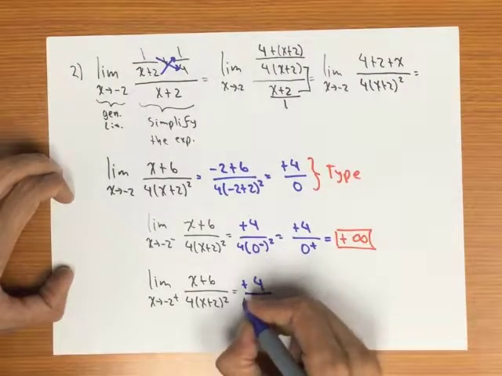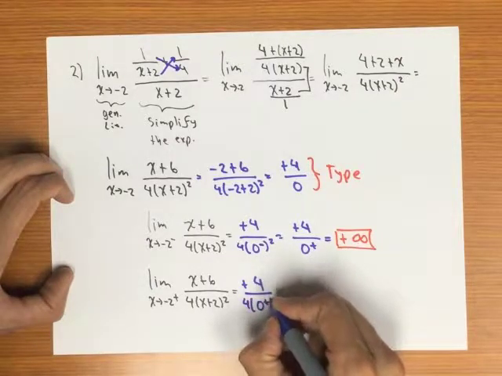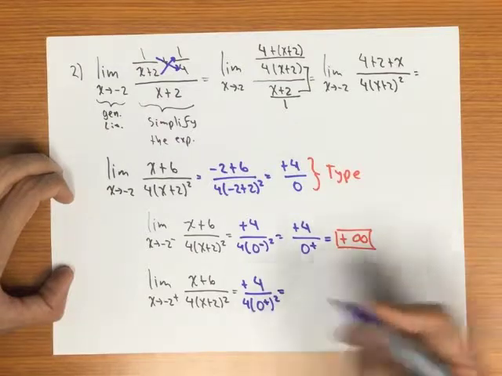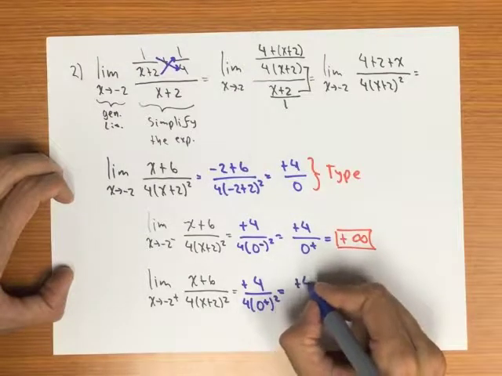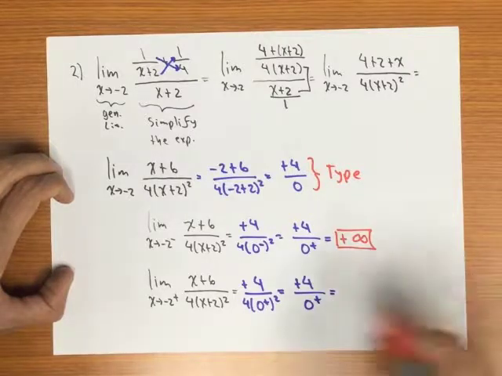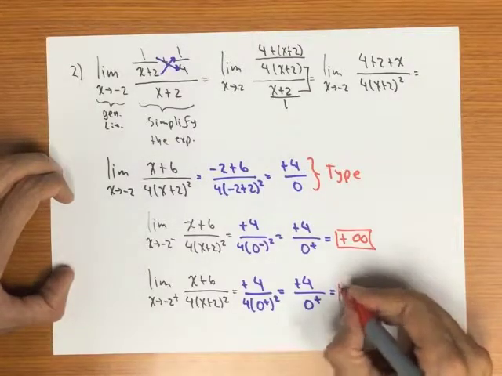On the right side, you will have 4 times 0 from the right, 0 plus, squared. Plus squared gives you a positive number, so you will have positive 4 over 0 plus, and this is also positive infinity.